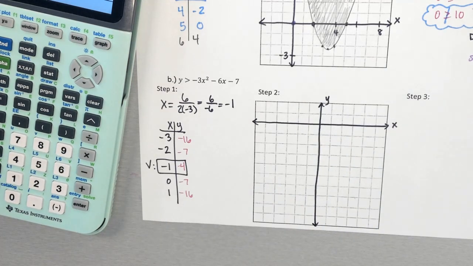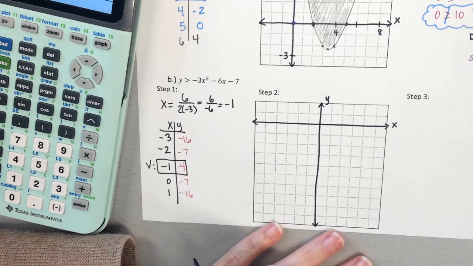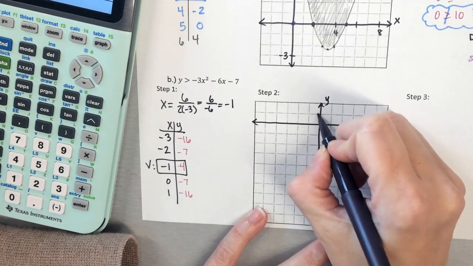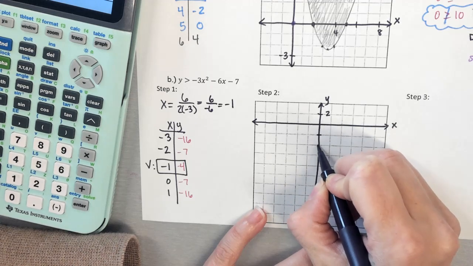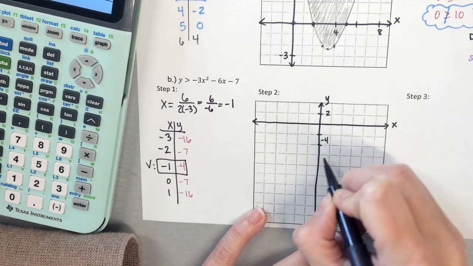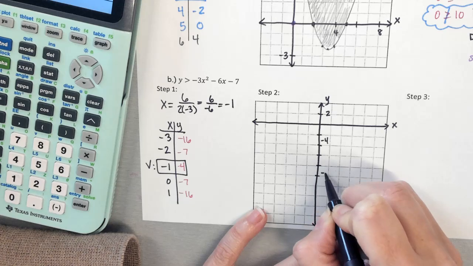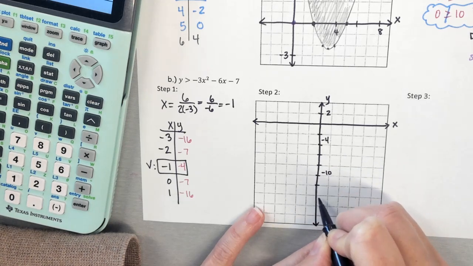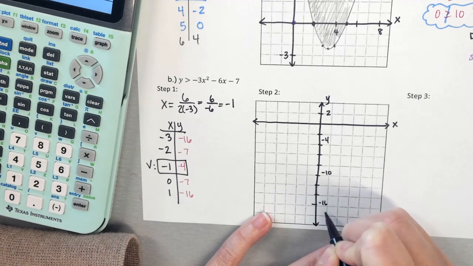So when I'm making my graph, I'm keeping that in mind, right? I don't need a bunch of points in the positive. And then I can go by 2. So this would be -2, -4, -6, -8, -10, -12, -14, -16.